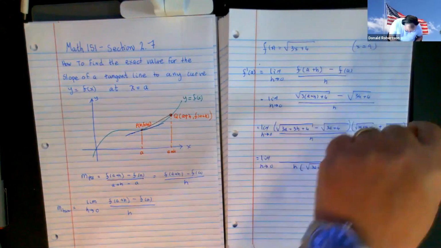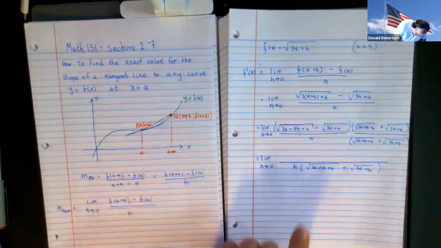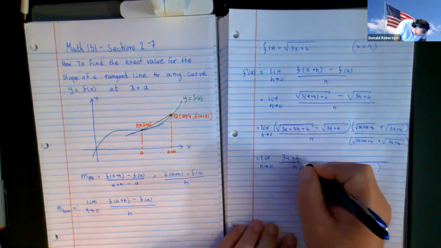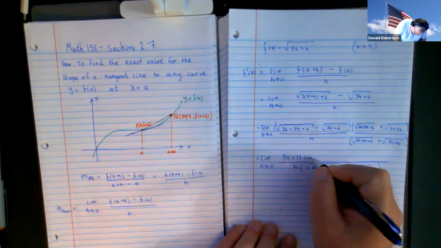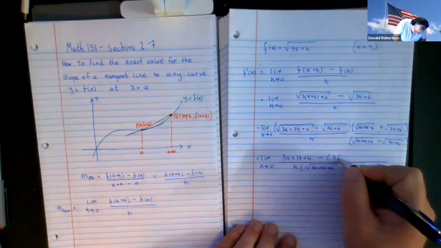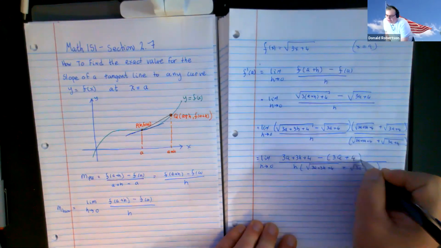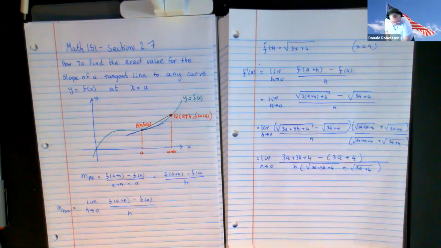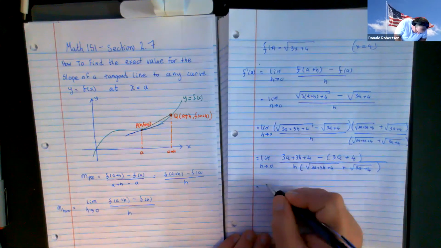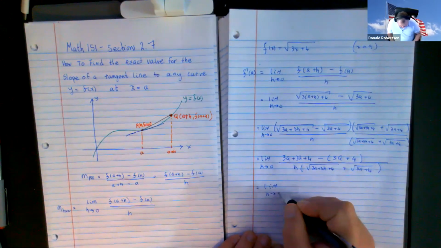Let's do the shortcut. First guy squared, 3a plus 3h plus 4. Take away second guy. Do you notice I put the brackets around to make sure you distribute the subtraction? And something very nice is about to happen.